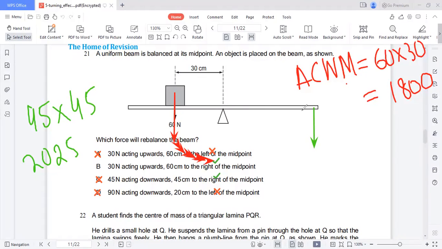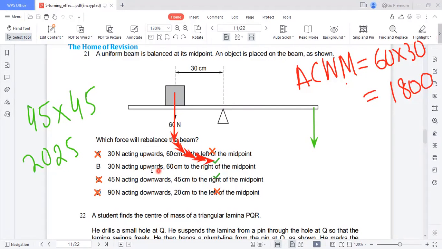If we are talking about right side, then it should be downward. And if we are talking about the left hand side, it should be upward. So let's see this option. It is 30 times 60 and it would be upward.